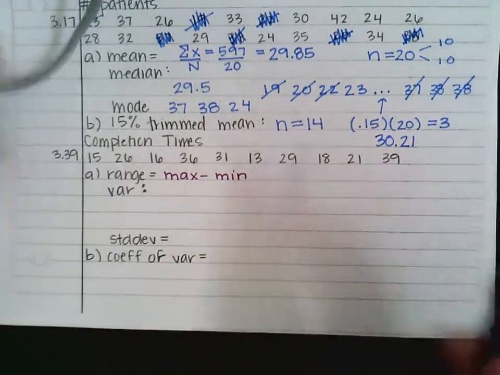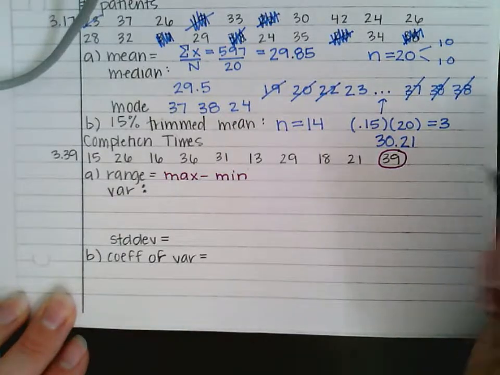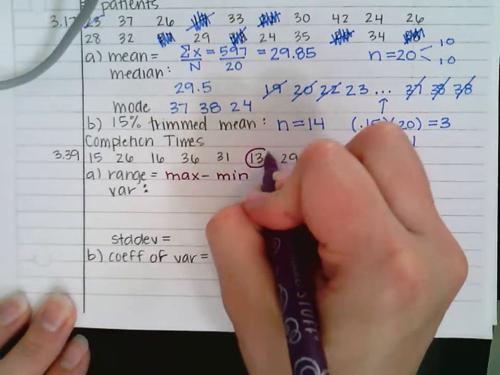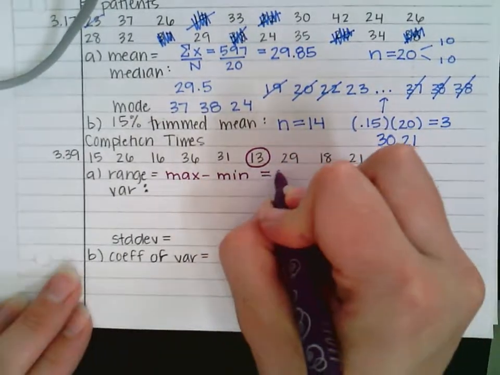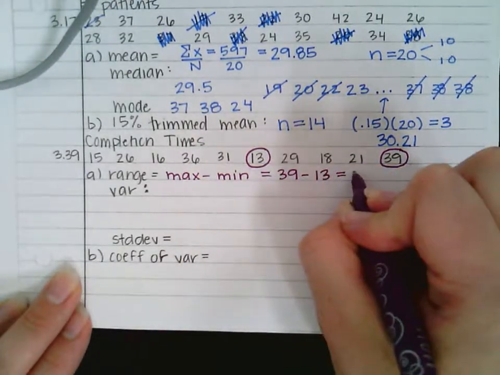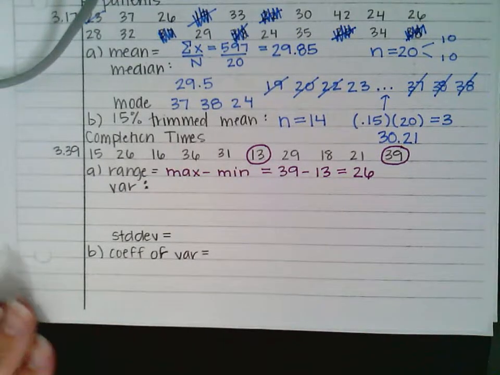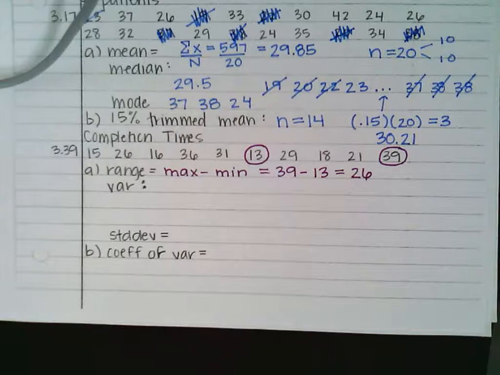Now, we can look in this data set and identify here's my maximum, here's my minimum, because my data set here is pretty small. Okay, and so my range of data is 26. From the biggest value to the smallest value, those values range by 26.